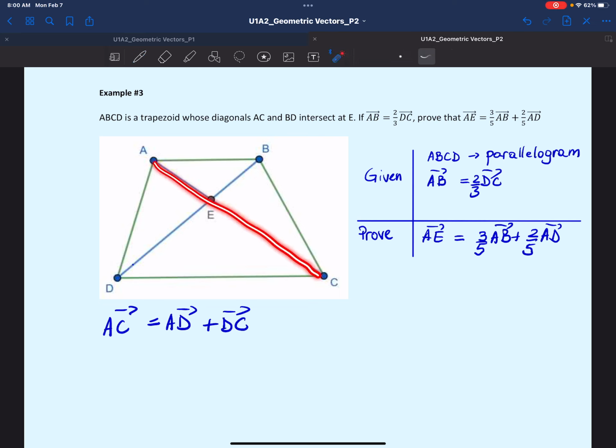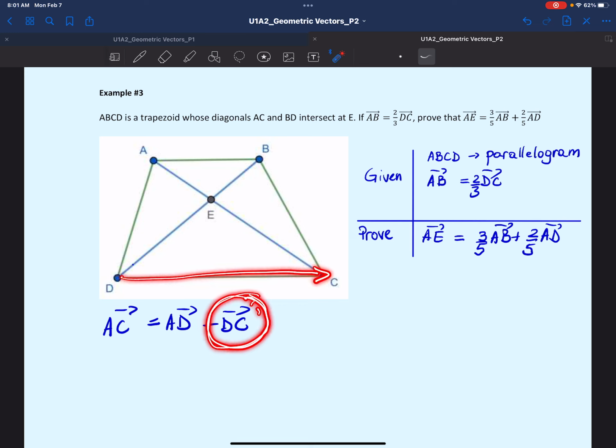I am going to keep the AD in because I do want to have AD in my statement, but I'm going to look into DC and see what I can replace it with. I need to replace it with something that is in the statement. The other vector in the statement is vector AB.